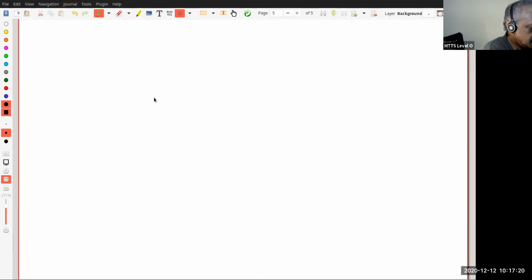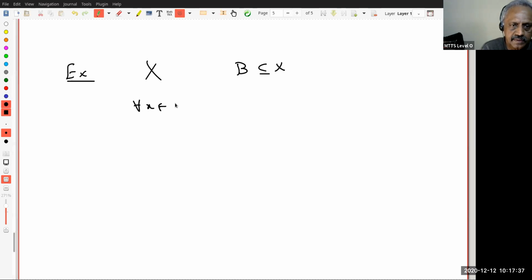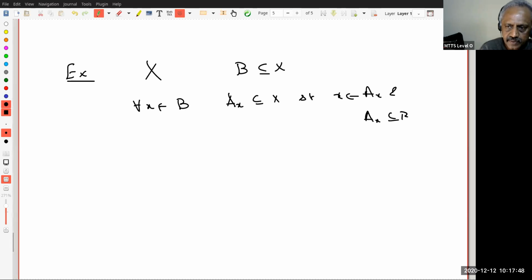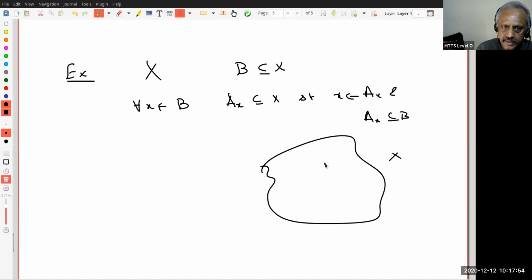Let us look at one or two more examples. An abstract example. Suppose X is a set and B is a subset of X. Suppose for each X in B, I am given a subset AX of X, so that X also belongs to AX, and AX is contained in B. You understand this? So I have X. You give me any X, then let us say this is my B. Then I have an AX.